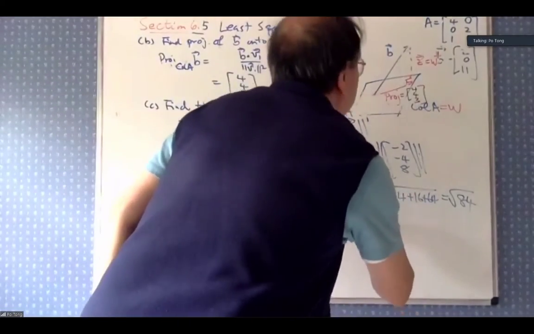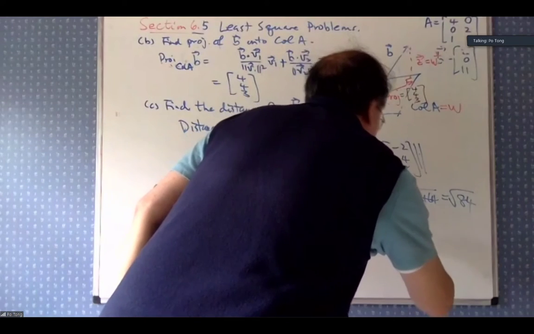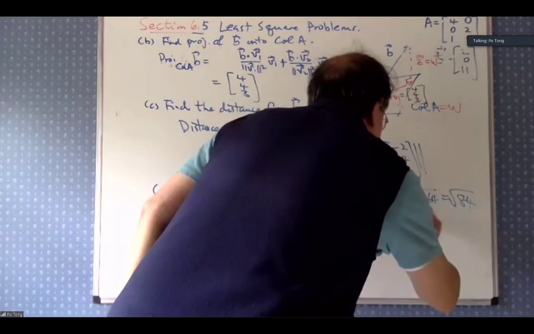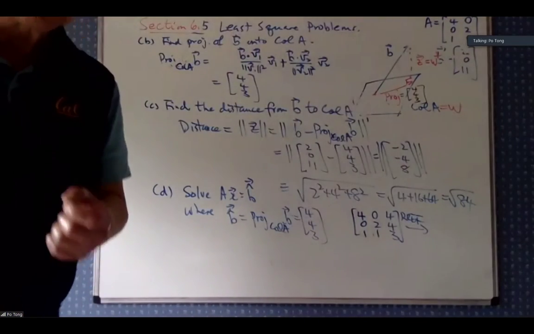So you will do 4, 0, 1, 0, 2, 1, 4, 4, 3, and we do RREF. Do you expect this to be consistent?